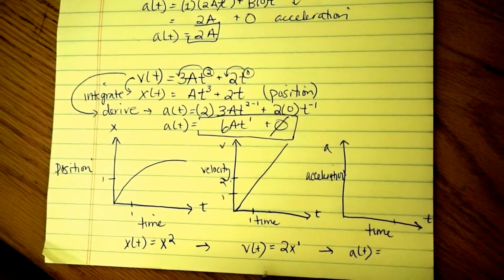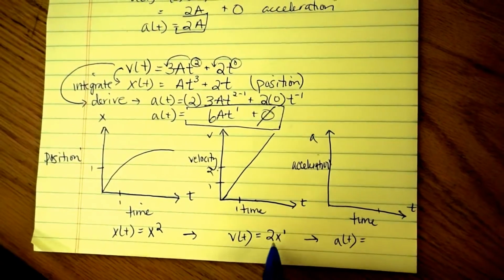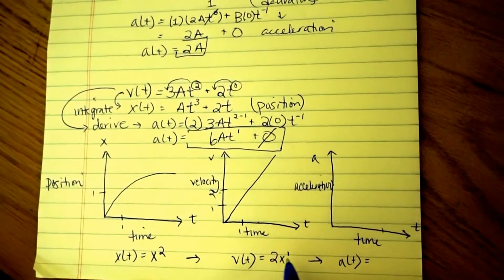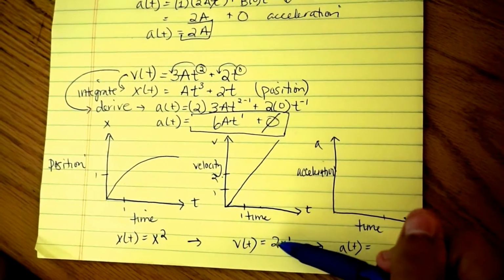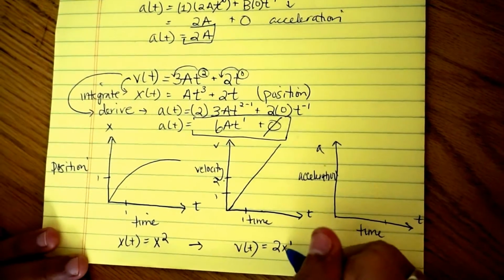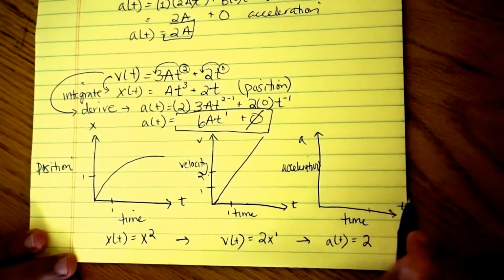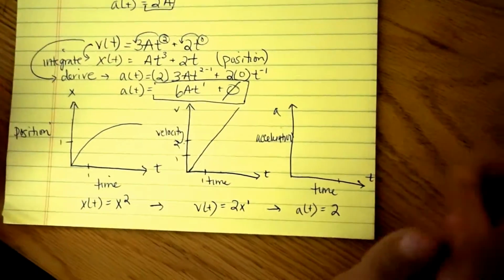We're going to take the derivative of 2x to the first power. So we bring 1 to the front, so it's 1 times 2, which is 2, and it's x to the 0 power, because 1 minus 1 is 0. Anything to the 0 power is 1. So it's literally just going to be 2, and that's it.